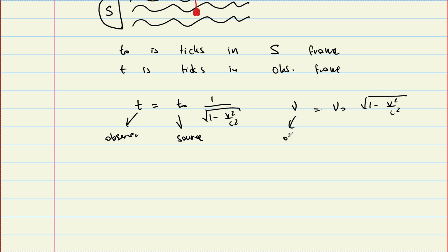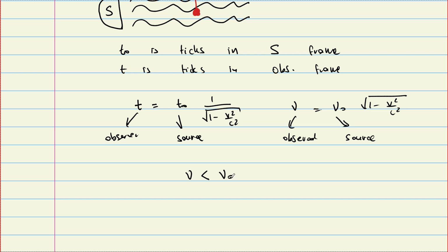So this is observer frequency. This is observed, and this is source. And since 1 minus V over C, this entire thing is less than 1, nu naught times something less than 1 is less than 1. Then we are going to see nu is less than nu naught.